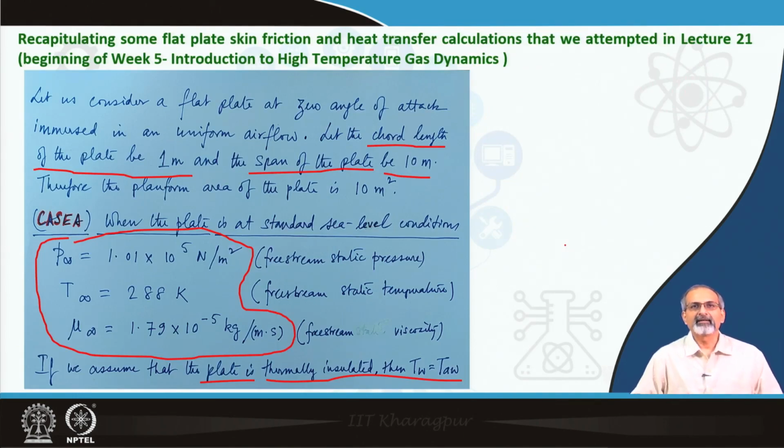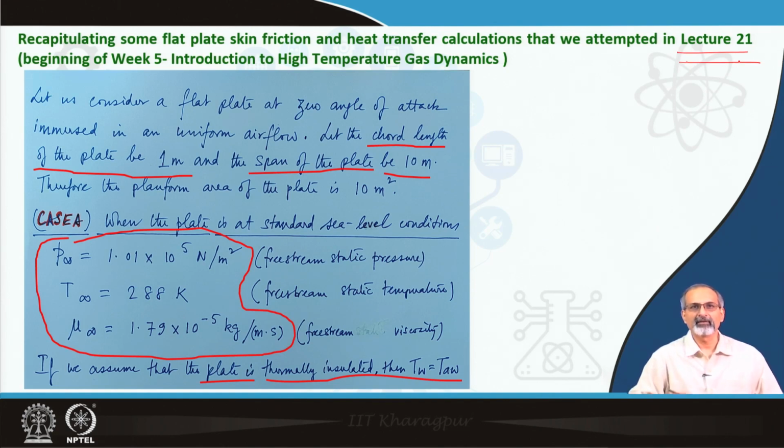Recapitulating some flat plate skin friction and heat transfer calculations that we attempted much earlier in lecture 21 of the course. It was the beginning of week 5 lectures, where we discussed the introduction to high temperature gas dynamics.